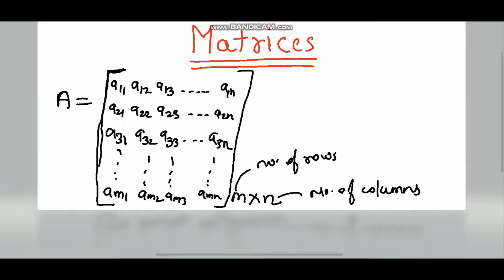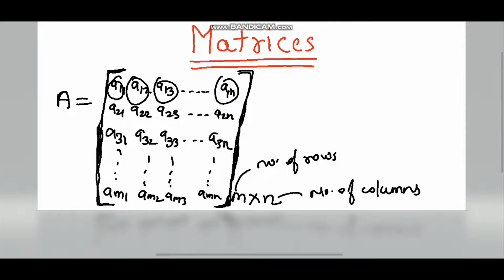We denote matrices like this. The elements are in brackets.